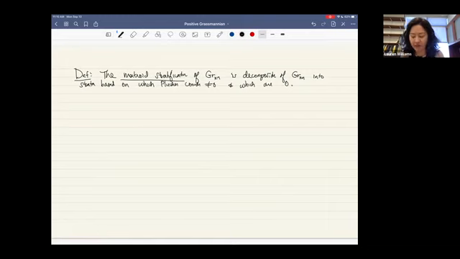So I'll just partition them into groups based on which Plücker coordinates are strictly 0 or non-zero.